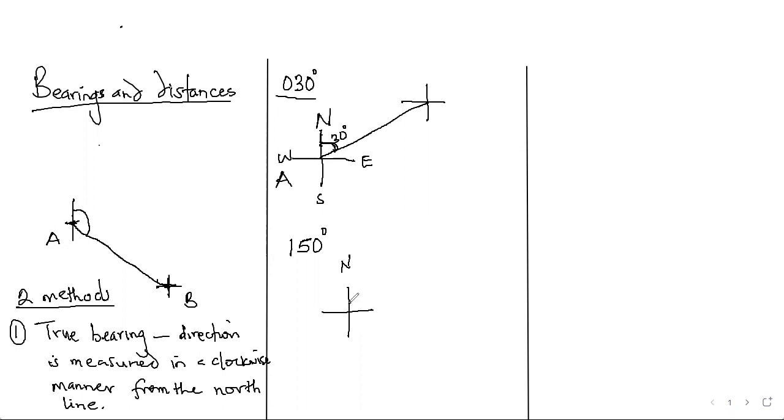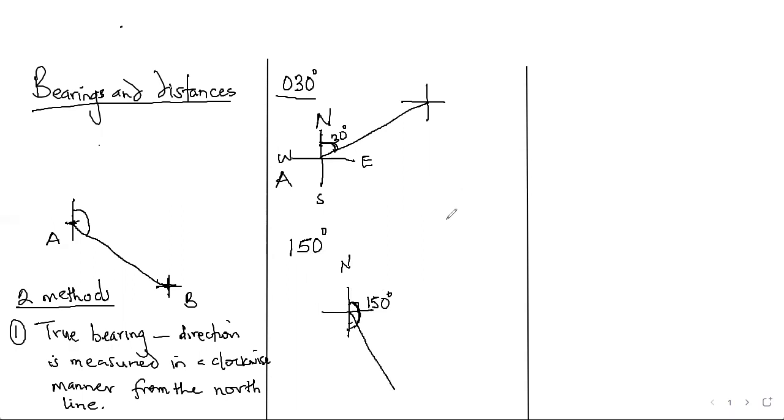This is 90 degrees, then 150 degrees should be between 90 and 180. This is 180 degrees, the angle on a straight line. So 150 should be somewhere here. So this is 150 degrees. Okay, that's how to locate that bearing.